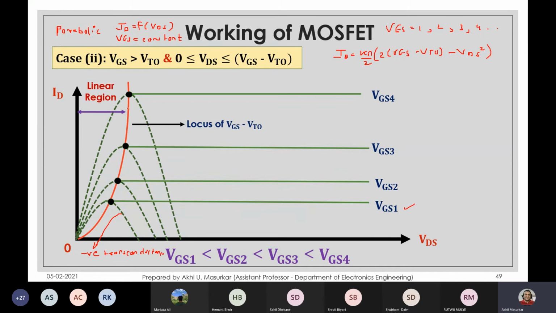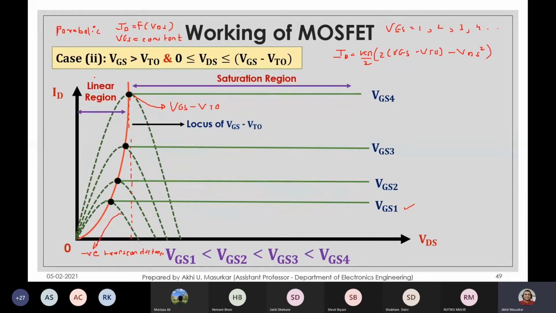So this region is called the linear region of operation, and this region is called the saturation region of operation. This point becomes the deciding point. This point decides whether the transistor is in linear or saturation, and this point is nothing but VGS minus VTO.